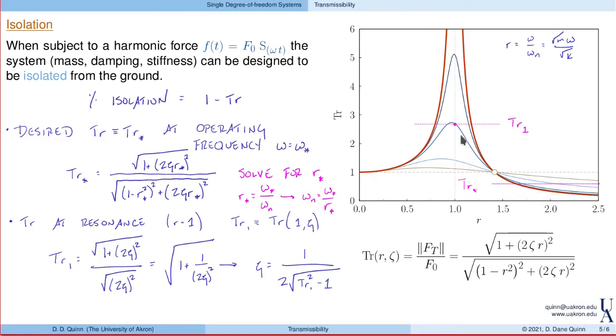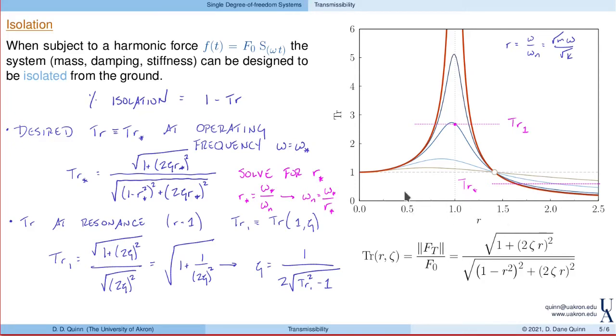However, the transmissibility at resonance actually increases. So we have these competing design goals. We want to choose the damping so that the transmissibility at resonance is low, but we also want the damping low enough so that a given transmissibility at our operating condition is not pushed out for R sufficiently large.